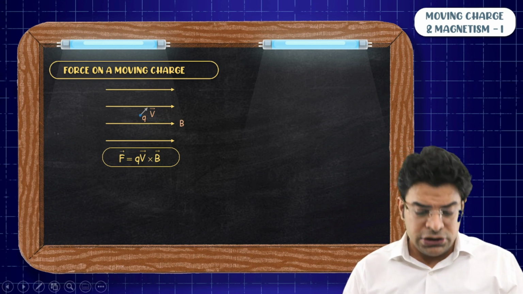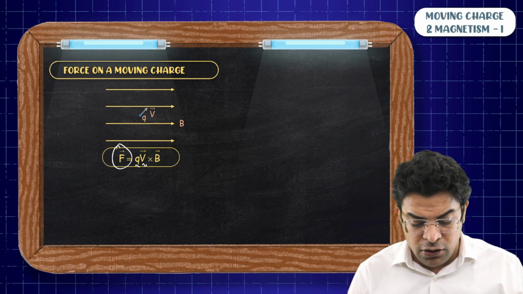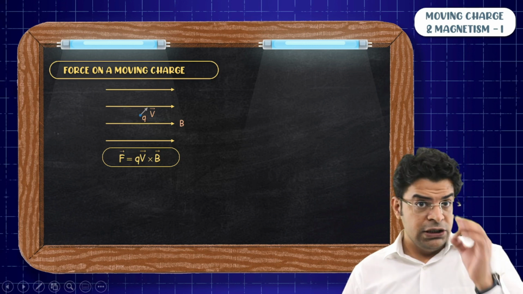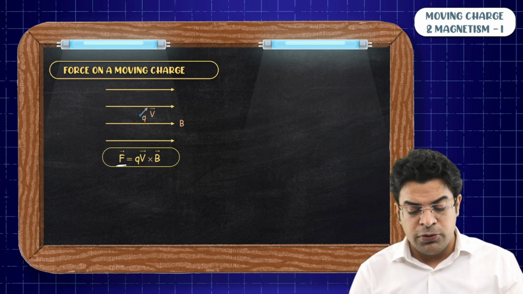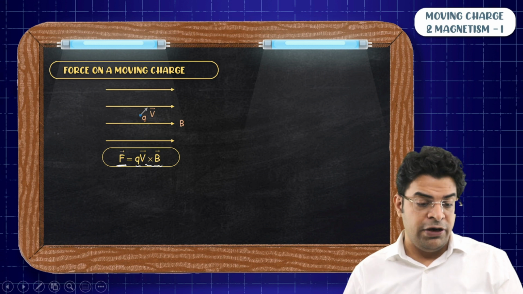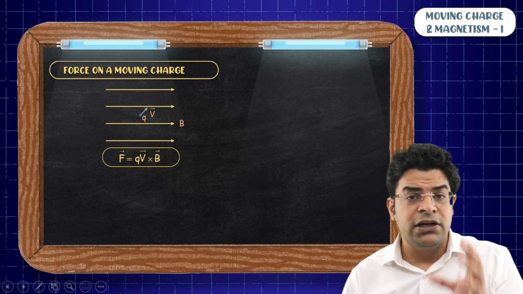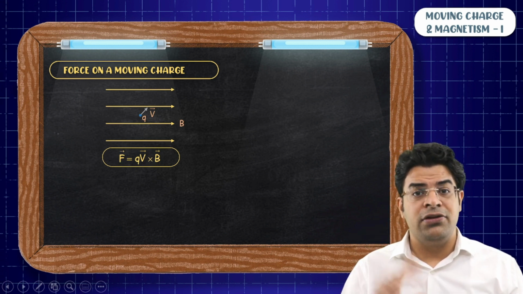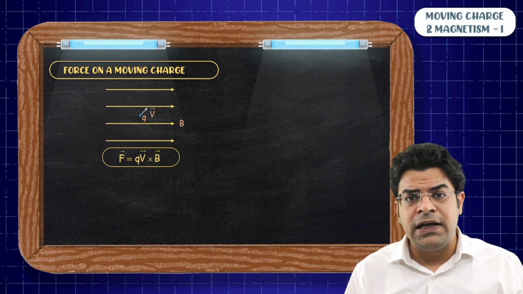Now, since you get the force from the cross product of velocity and magnetic field, you need to find the direction of force using the right hand thumb rule. What does the right hand thumb rule tell us?